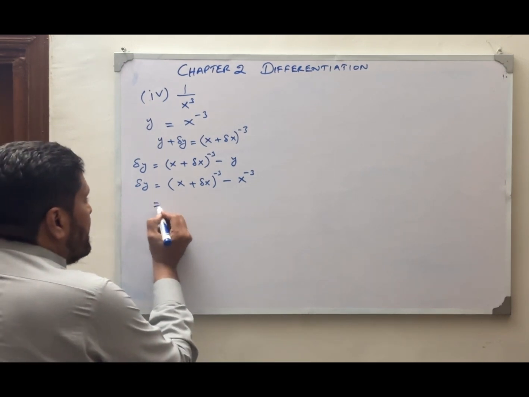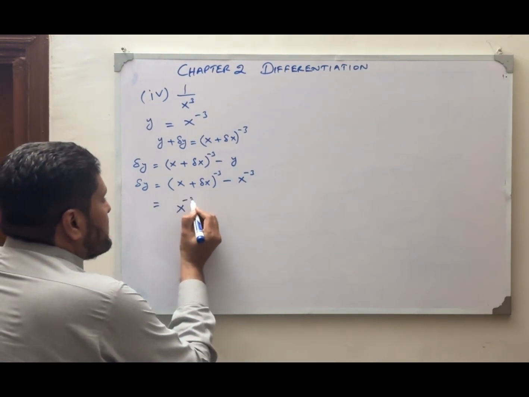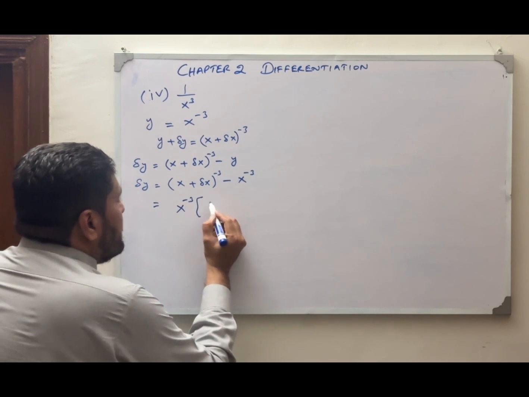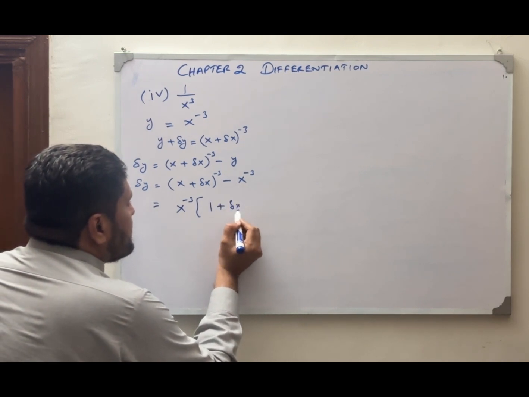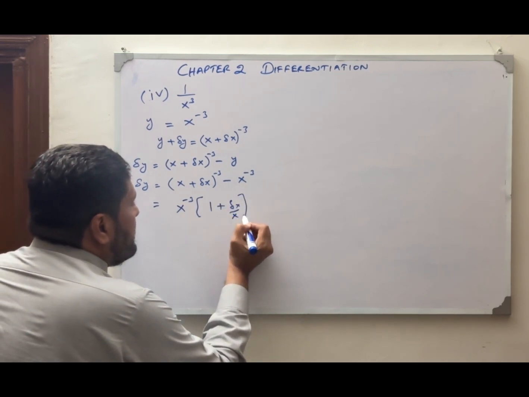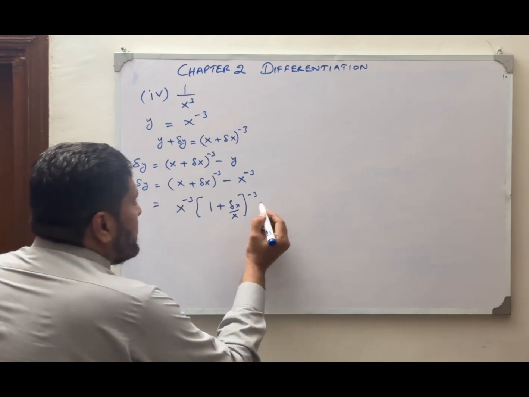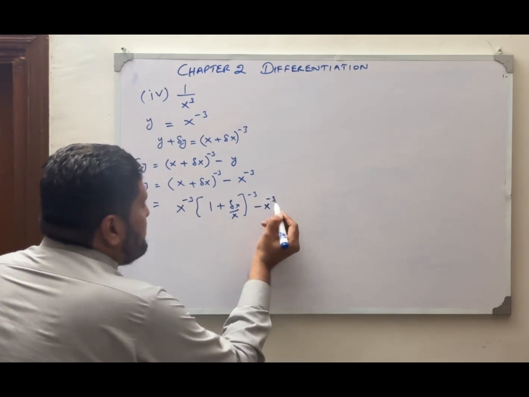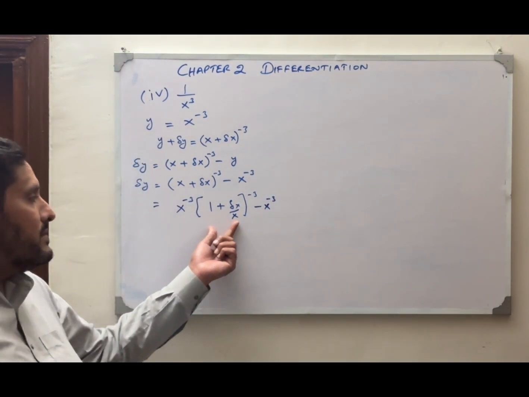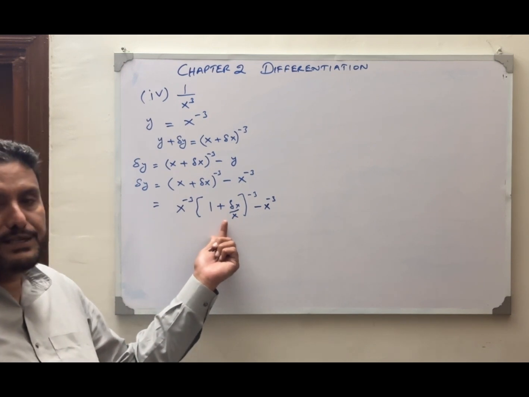Here we can take x power minus 3 as common, into 1 plus delta x over x whole power minus 3, minus x power minus 3. Again, we have the expression in this form.